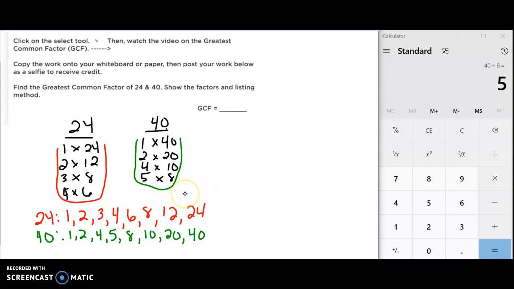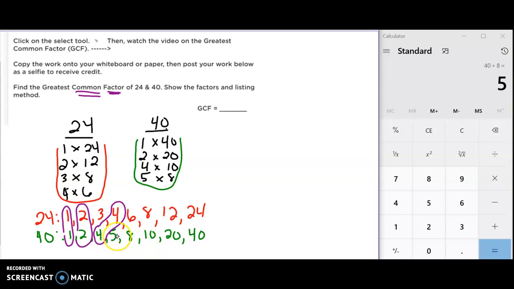All right, so now I'm going to find all the factors I have in common. We just listed our factors. Now I'm going to find the common factors. What are the common factors? I have a 1 in common. I have a 2 in common. What else is in common? Anything else? Oh, there's a 4. See, 3 is not in common.